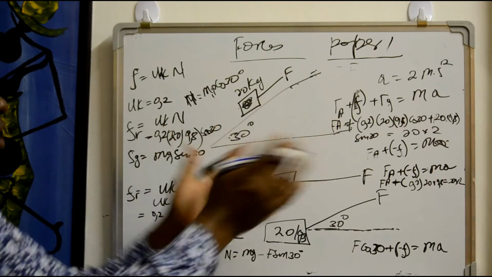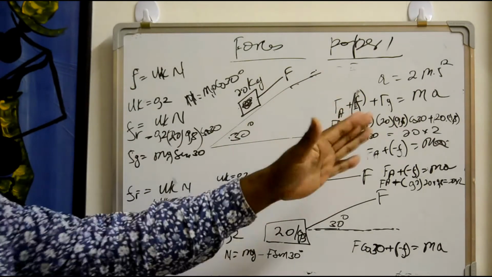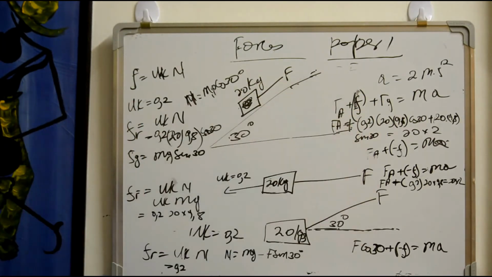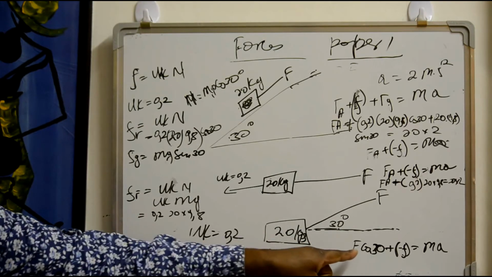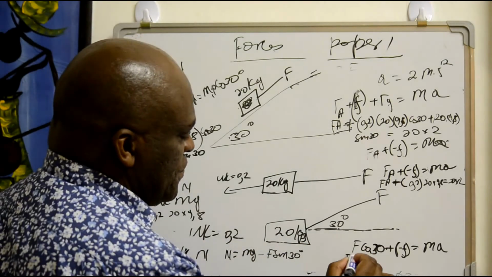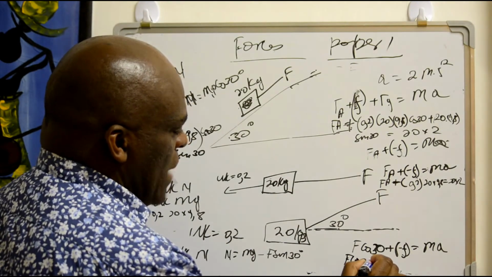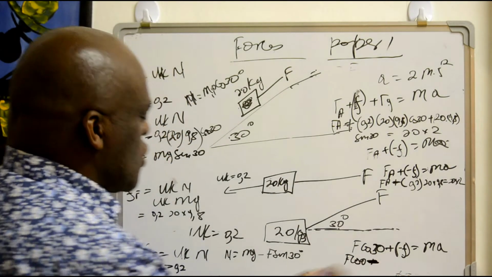I'm not going to calculate. You have your own calculator, you know how to do all this, and you know my space is very small. A point that I want to raise here is that we have F cos 30 minus the friction.